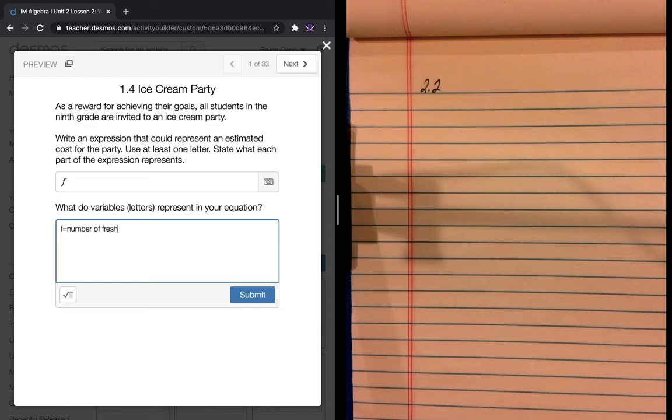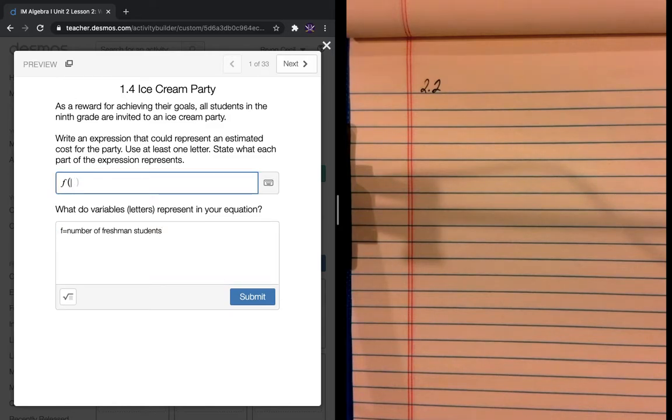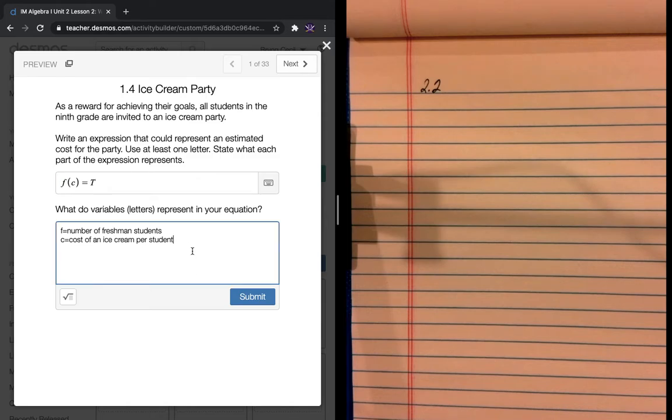Then we take that times C. C, for me, is the cost of an ice cream per student. And then that's going to equal T. I know that is pretty straightforward, but that is all I am going to do. F times C equals T. And so that could be the cost of an ice cream sandwich, anything like that.